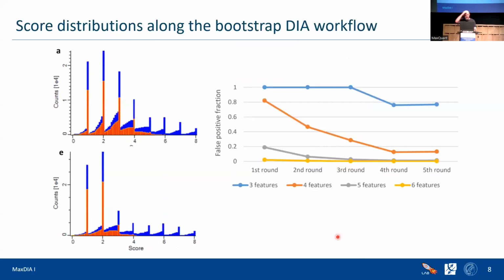Here you can see the score, we get into this later. This is before, with less stringent matching, and this is more stringent matching. You can see that you over-proportionally remove more decoy hits than target hits as you become more stringent, which is exactly what you want to do. You want to reduce the false positive rate in your data.